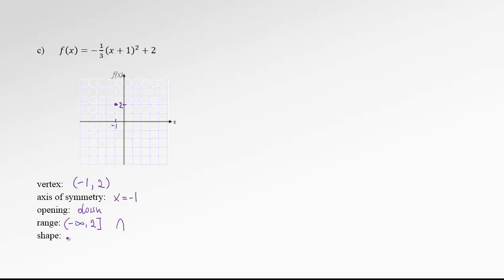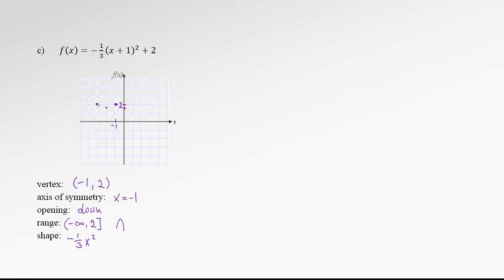The shape is that of -1/3 x squared. And let's plot our 5 points, starting from the vertex. One across normally we would go one step down, but since we need to multiply this value by 1/3, we'll go just 1/3 step down, approximately here and there.